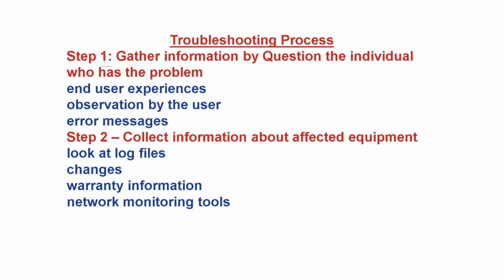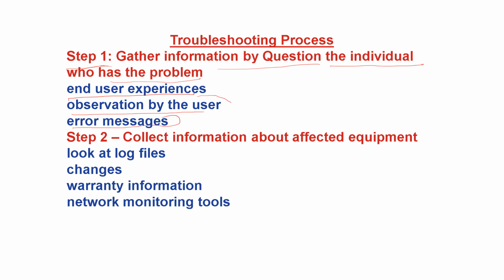The first step of this troubleshooting process is to gather information by questioning the individual who has the problem. That may be collected from the end user's experience, or from the observation of the network administrator, or it can be detected based on the error messages generated by the network.